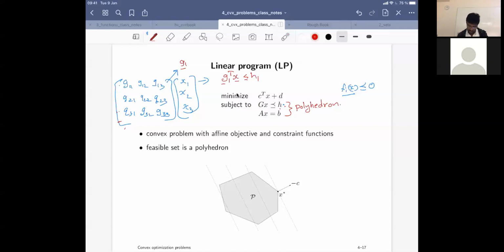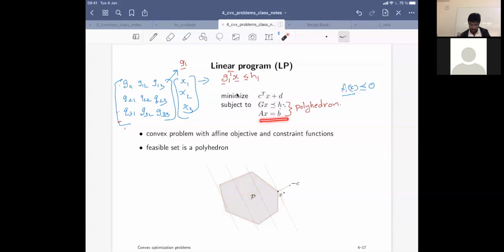Let's say we have six inequalities. That means your matrix G has six rows. Then what will be the joint constraint? That will be the intersection of all half spaces. Then you will have a polyhedron.